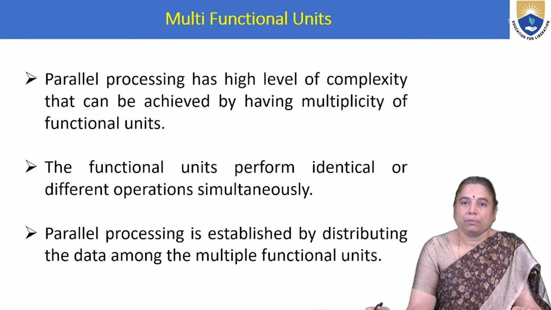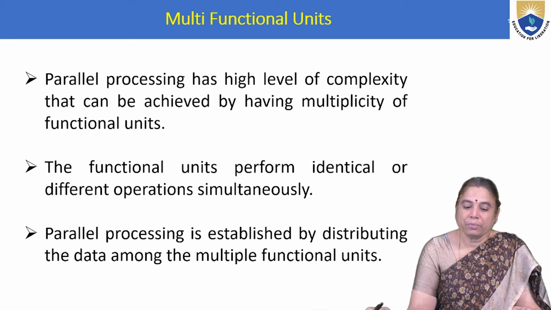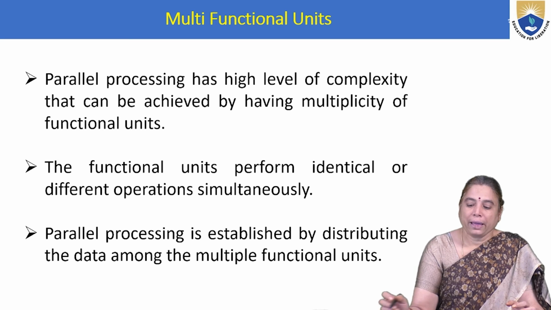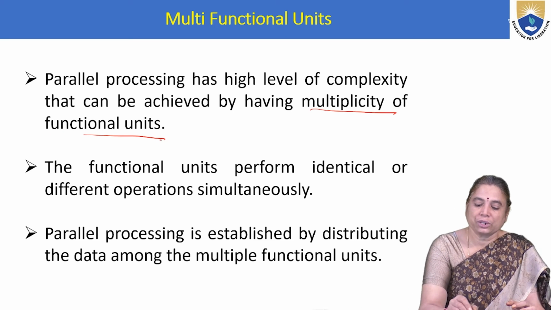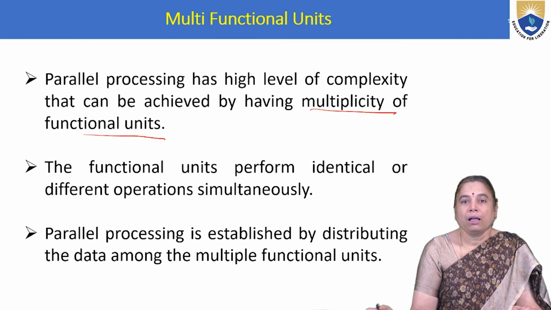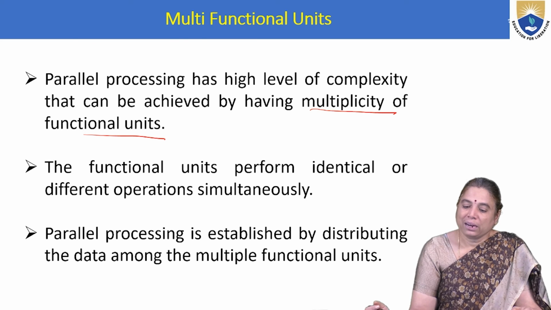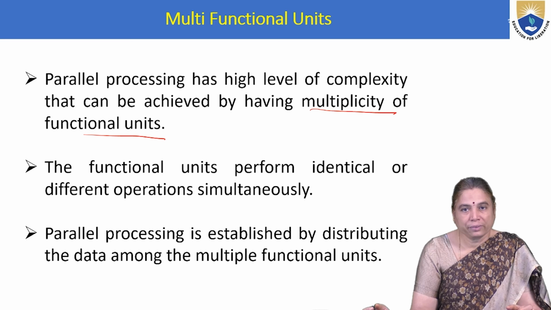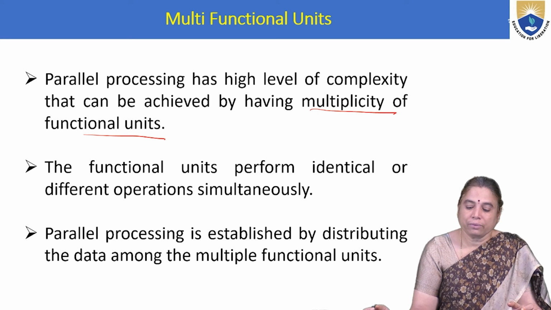How can parallel processing be employed in the system? With the help of multifunctional units. Parallel processing can be achieved by having a multiplicity of functional units. Generally, a computer system can have a single functional unit for processing, the arithmetic and logic unit. But in a multifunctional unit design, multiple functional units can be employed for specialized functions.